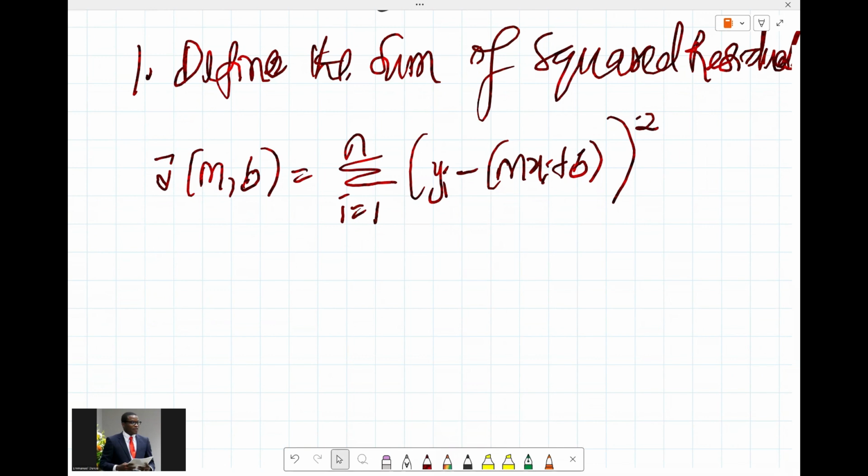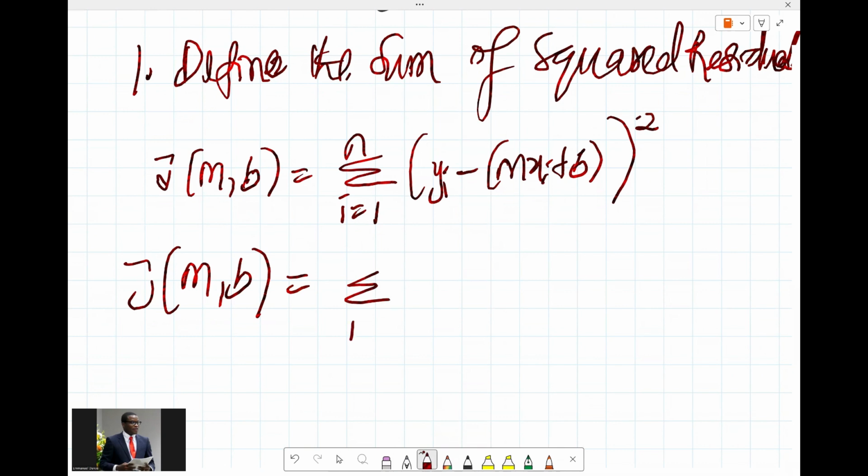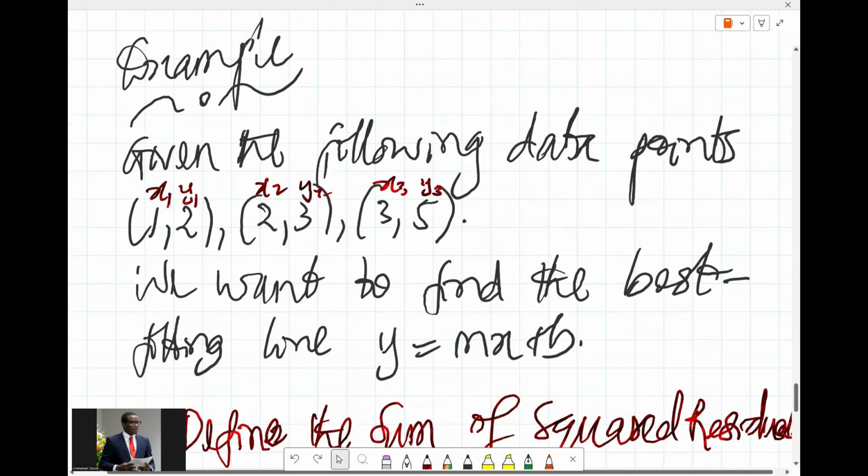Since we have squared now, it doesn't make sense to just expand it directly like that. So it's better to just substitute the values. So we have J of m comma b equals, no need to do summation again now. We'll use the values up here.